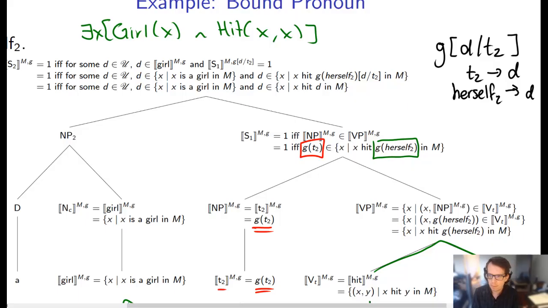So that same person is hitting that same person. So if we think about our binding here, for some D in our universe, D is a girl, and S1, where D replaces T2, is true. So this information over here is what's happening with the binding.